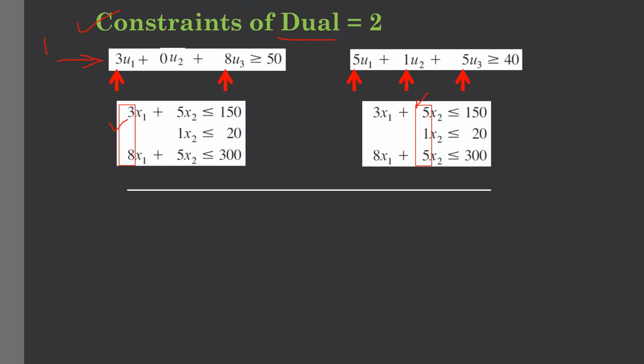So we write 5u1 plus 1u2 plus 5u3 greater than or equal to 40. So in constraint number 1 of the dual, this 50 is from the primal objective function. That's the first coefficient from the objective function of the primal, and here is the second coefficient from the objective function of the primal.